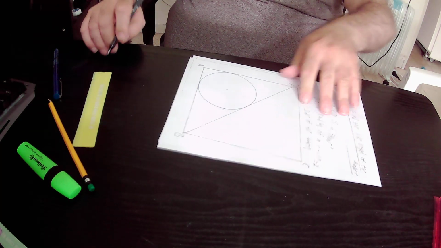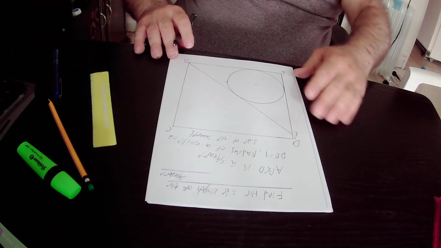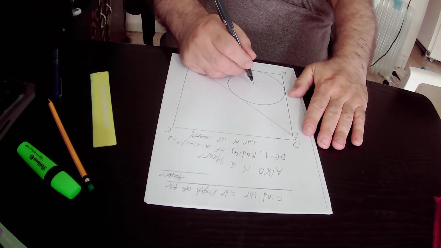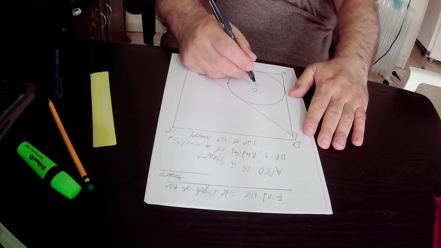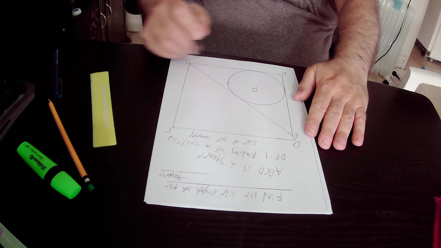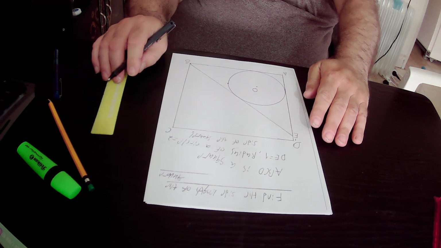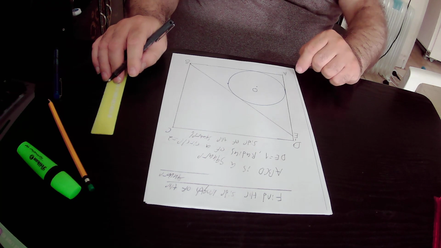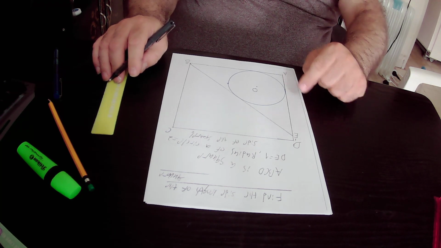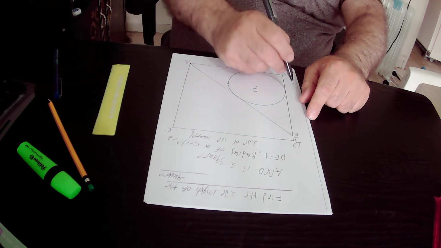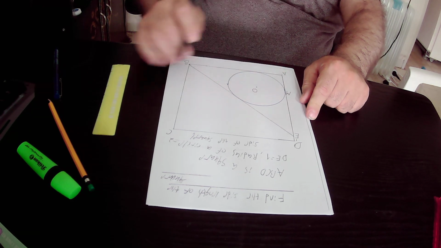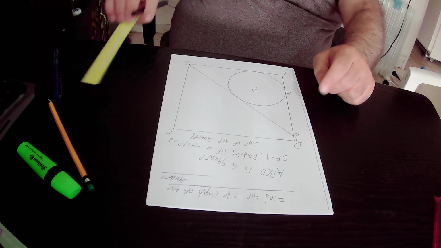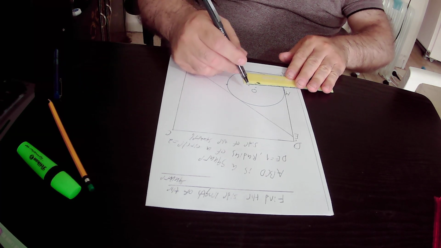So here we define the center of this circle as point O. We will define the point of tangency of tangent AD with this circle as point M, and we will join the points O and M together by a straight line.